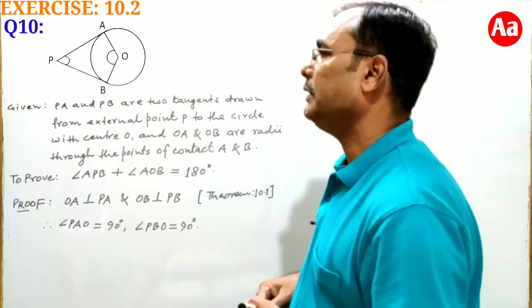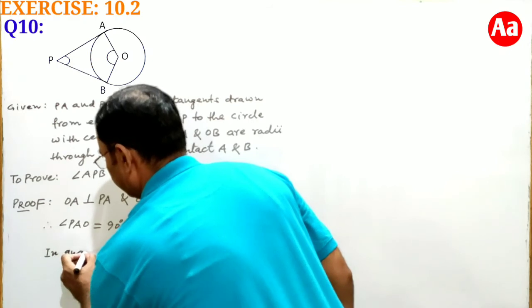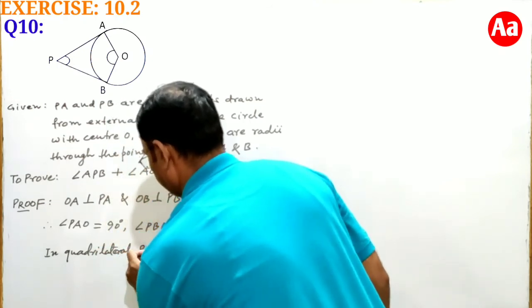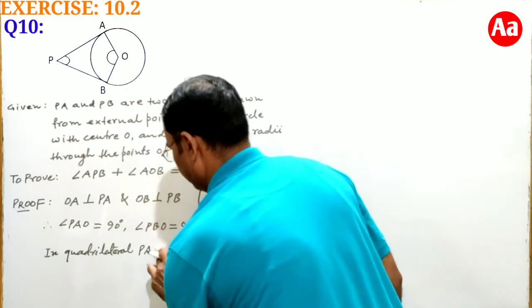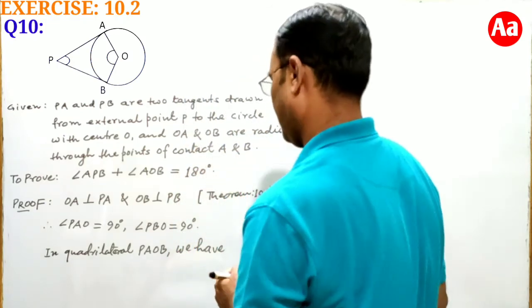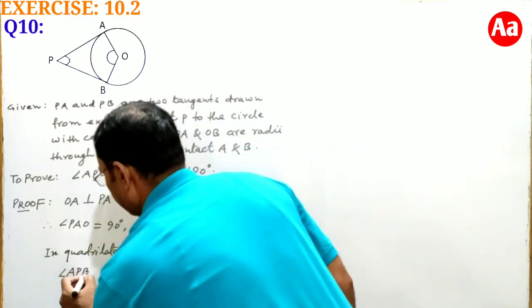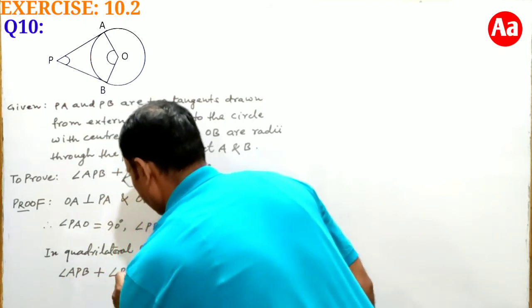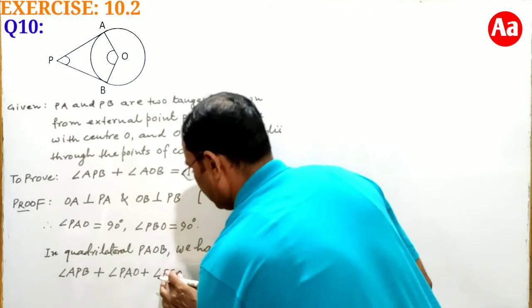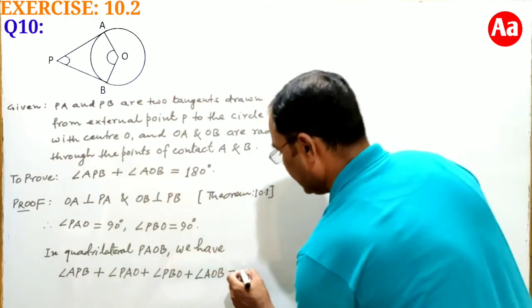In quadrilateral PAOB, we have angle APB plus angle PAO plus angle PBO plus angle AOB is equal to 360 degrees.